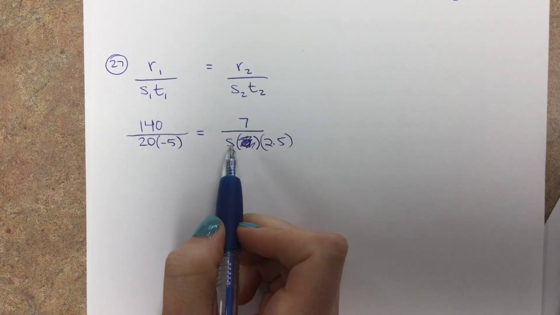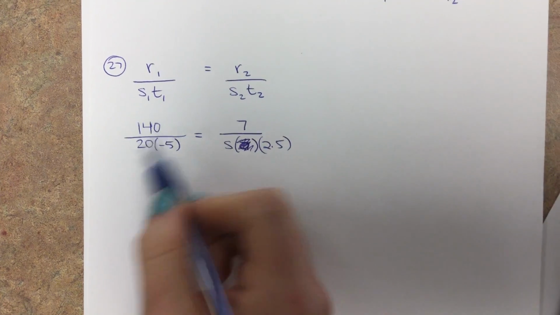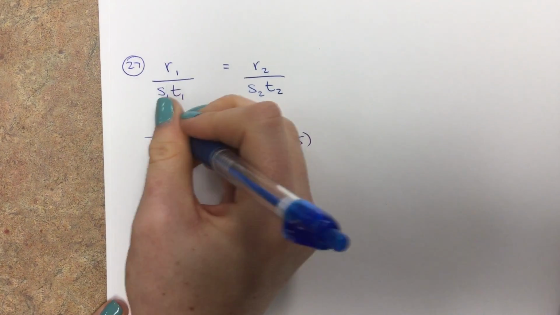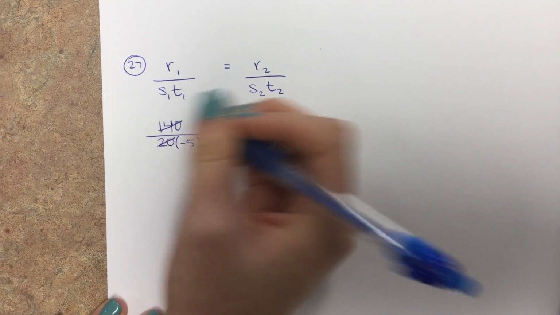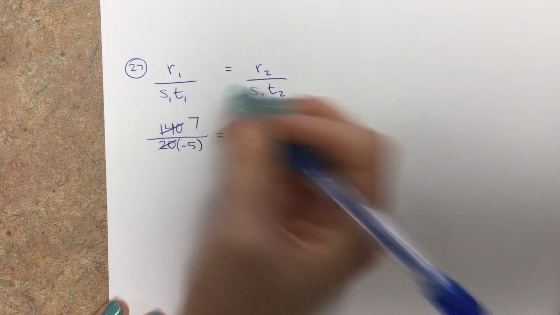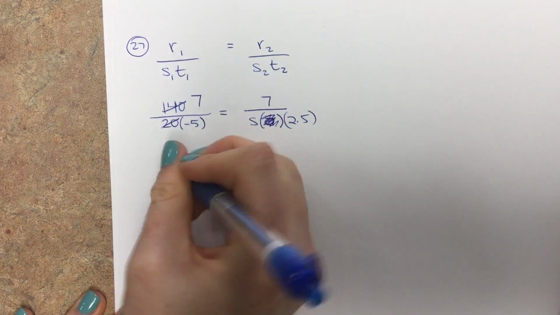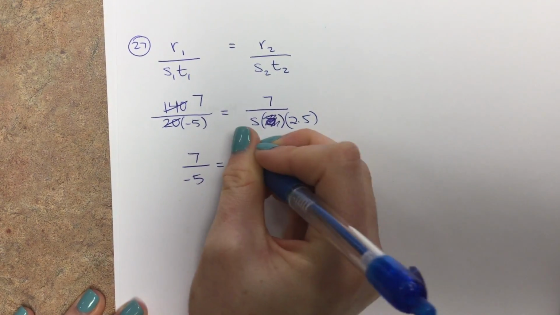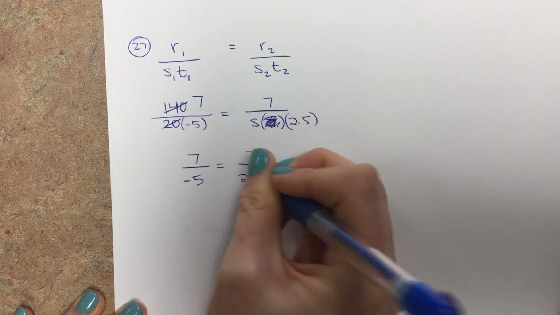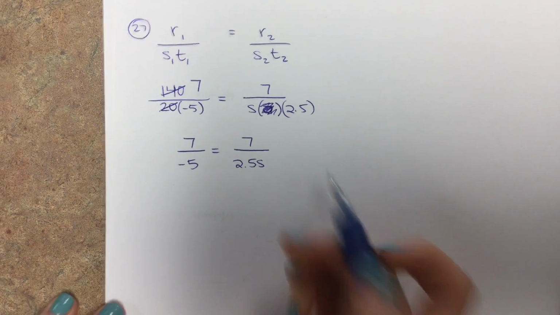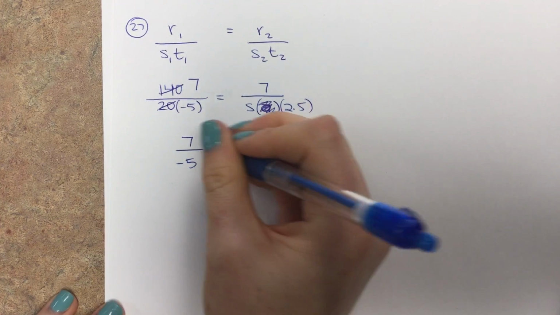So since your variable's in the denominator, I would cross multiply, and you can simplify this before you cross multiply. So this 140 over 20, what does that reduce to? 7. Good. The zeros would cancel, and then 14 divided by 2 is 7. So 2 different techniques I'm going to show you. We've got 2.5 times S. So anytime that your variable is in the denominator like this, I would cross multiply.